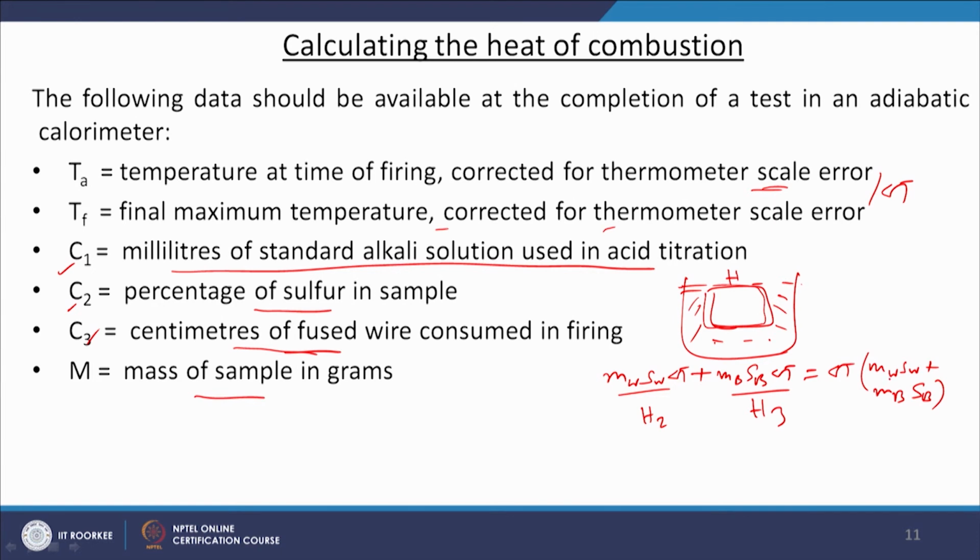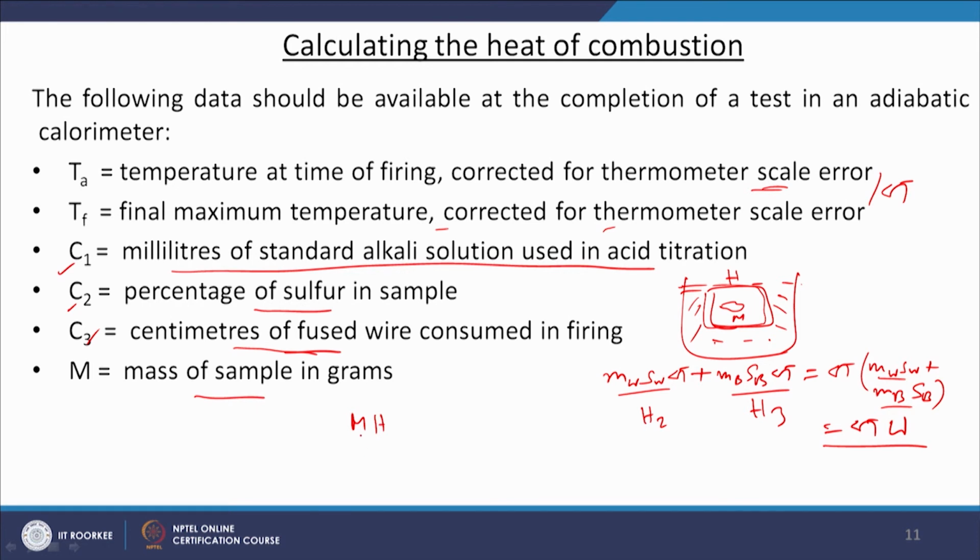So, these two terms are constant, and that is nothing but W, which is called the water equivalent. Okay. So, this is the heat taken up, and the heat released by m gram of material is m into H, that is the heating value.